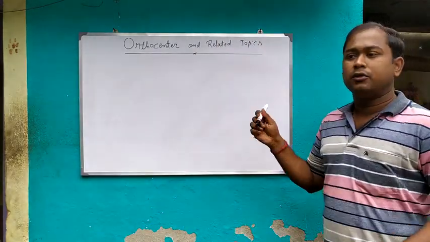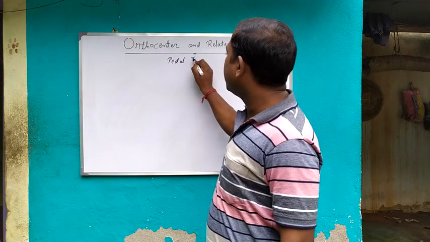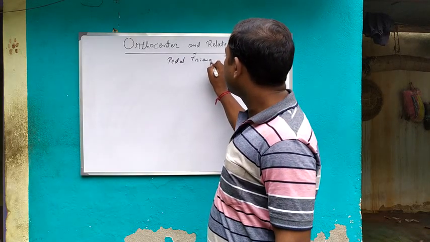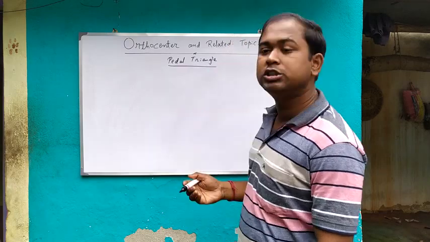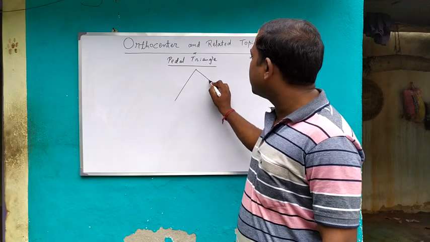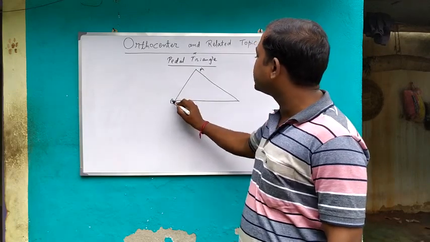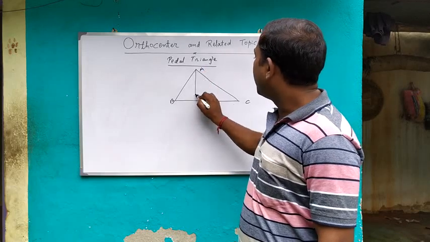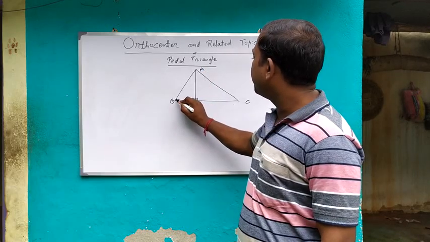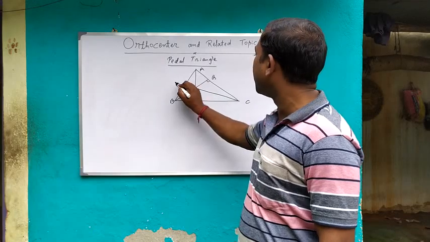So now we'll be learning about pedal triangle. So what is this pedal triangle? Again, we'll start with drawing the three altitudes: altitude AP, altitude BQ, and altitude CR.